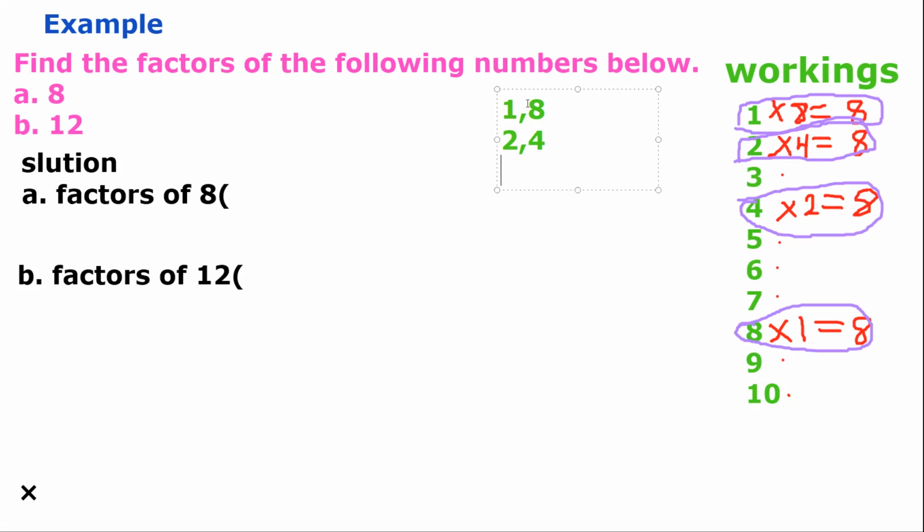And then the third one was 4 and 2 also was able to give me 8. And then 8 and 1 also gave me 8. So these are the numbers. When you multiply that, you get 8. Okay, now I'm done with this.